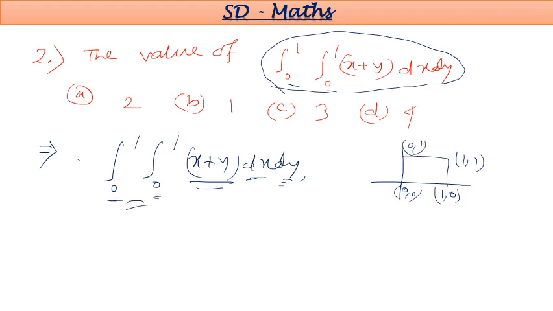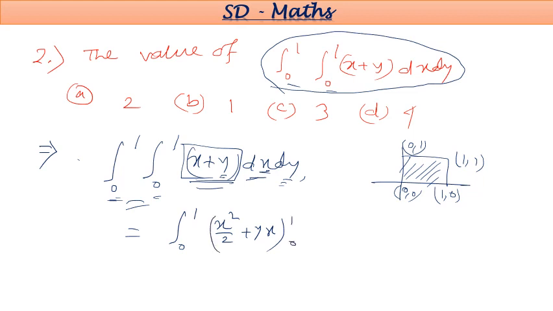So this actually forms this rectangle, and that's why here I am taking the integration of the interior of this function with respect to x. So with respect to x, that means keeping y constant, x square by 2 plus yx, right?